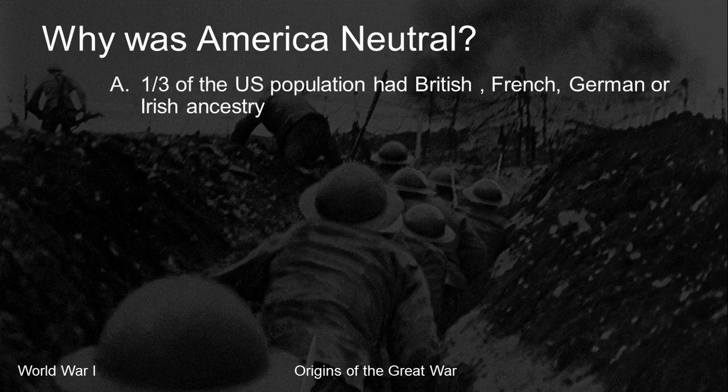Well, a lot of it has to do with numbers. One third of the U.S. population had direct ancestral connections to one of the major sides. One third of our population was British, French, German, or Irish. Why does Irish matter?